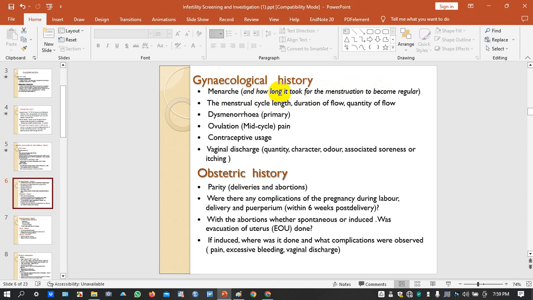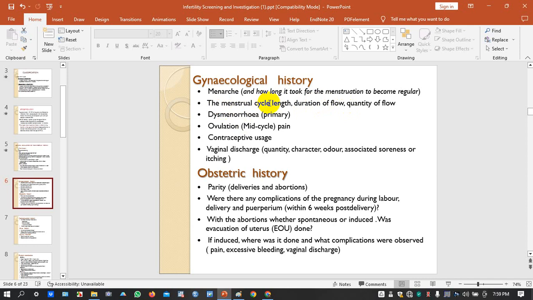At first it becomes irregular. So how long did it take for the menstruation to become regularized? The menstrual cycle length, duration of flow, and quantity of flow. So if your menstrual cycle is above 35 days, then that means that it's irregular because it's supposed to be 28 days or even up to 32, 33, 35.